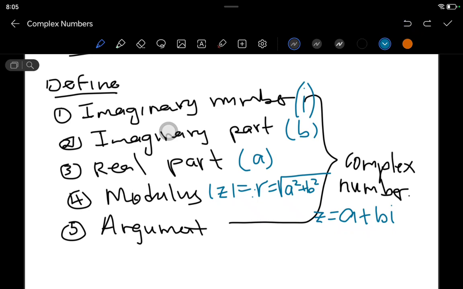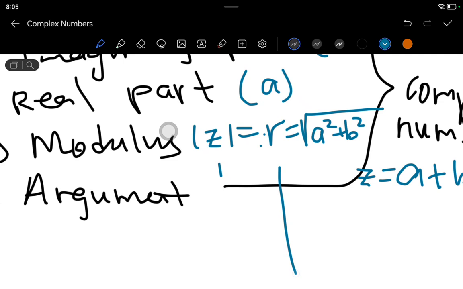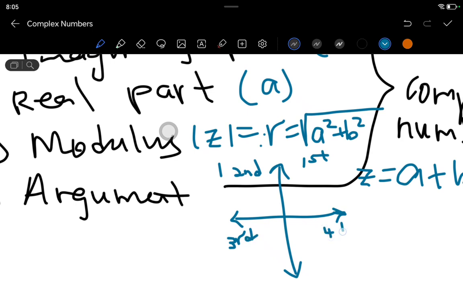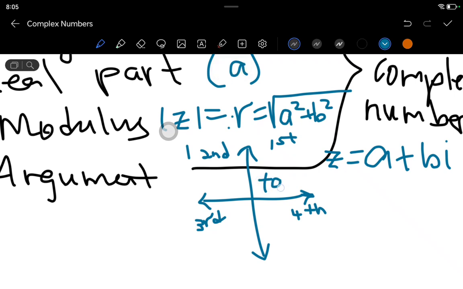Now, when we come to the argument, we're just going to be looking at some plane. This plane has certain rules, but we should know that we have a first quadrant, second quadrant, third quadrant, and fourth quadrant. On the first quadrant, we're always going to say this is the arctan of b over a.